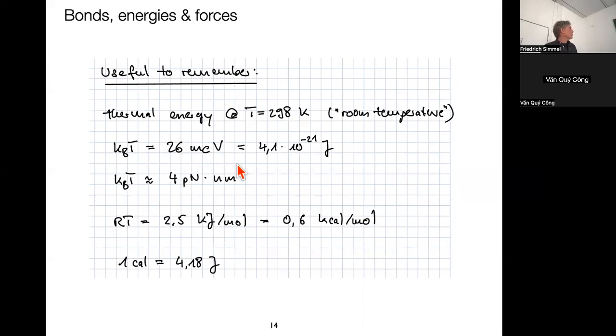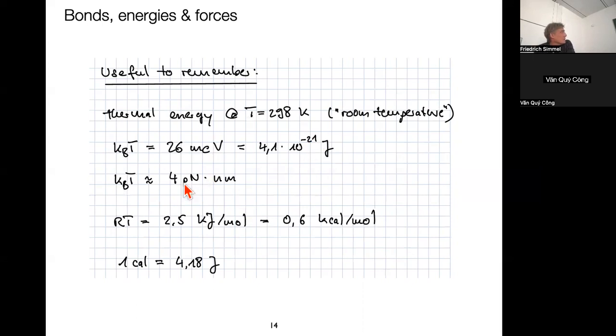It's often useful to remember that kT in electron volts is 26 milli-electron volts, but it's also 4.1 times 10 to the minus 21 joule. 10 to the minus 21 is not very convenient, so you can split that up into newtons and meters.